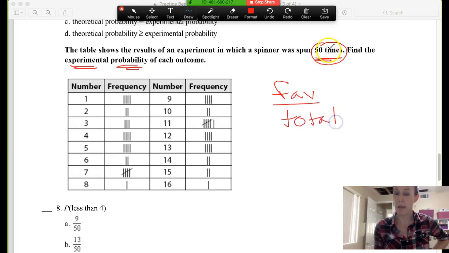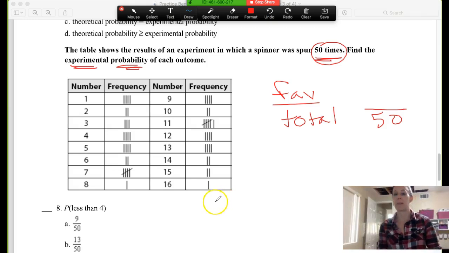So let's go ahead, and we know the total is 50. Now, the number on the spinner is 1, 2, 3. The frequency that occurs is here in this chart, okay? 9 occurred 4 times. 10 occurred 2 times, all right? So this is what actually happens in the experiment, not the theoretical, okay?